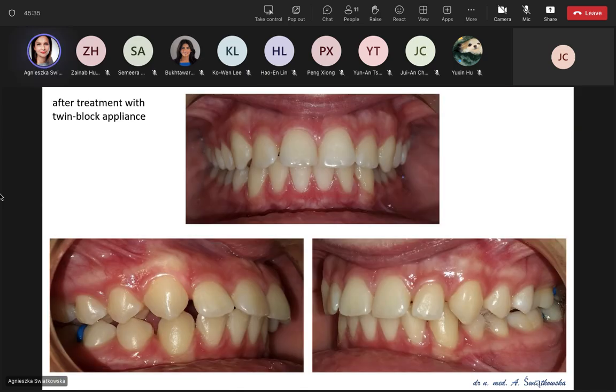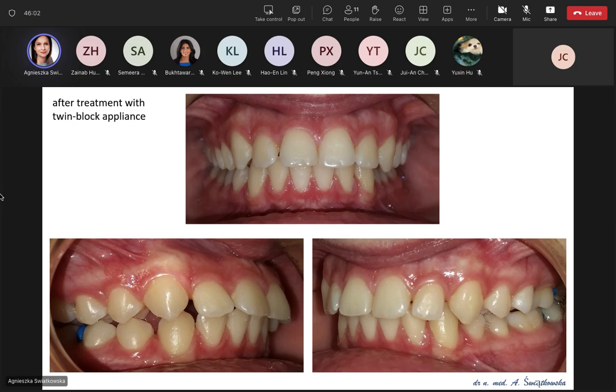This patient, after the first stage of treatment, in the first stage we achieve full correction on one side, as you see, class 1, and here we have class 2, cusp to cusp. It's a very common situation. Very often during treatment with functional appliances, we don't achieve full class 1.